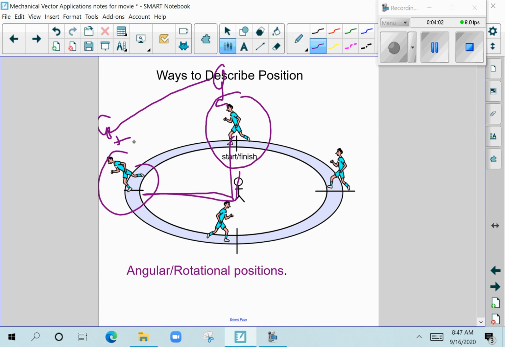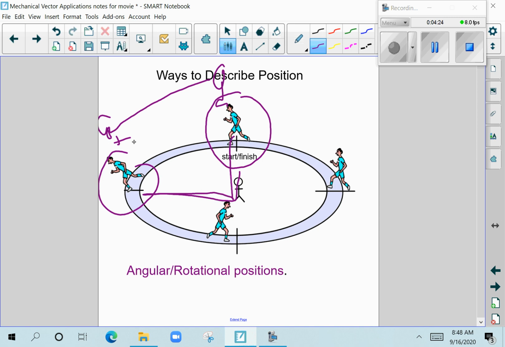The person on the outside runs a longer distance. That's why if you watch track and field, the tracks for a quarter-mile race actually have different starting points. The person on the outside starts much further ahead than everyone else because they have a much longer distance to travel. So that makes the race more fair.